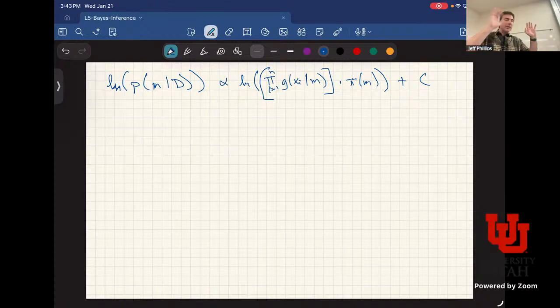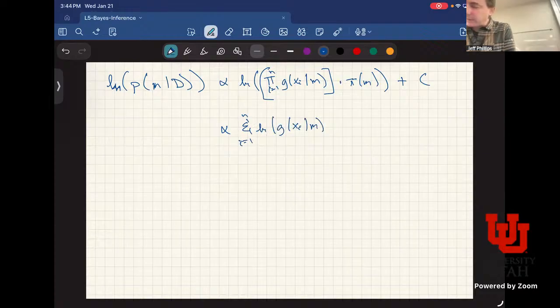Okay, so now I can start simplifying things. This will be proportional to the sum from i equals 1 to n of the natural log of G of xi given m, right? So I can turn the product into a sum by passing it through the log, plus the log of the prior, okay, plus some constant here.